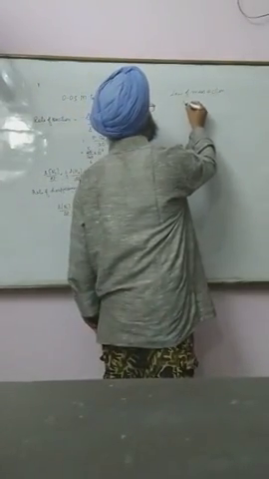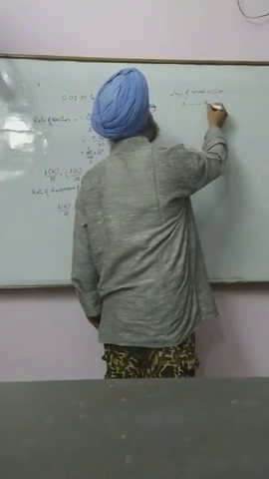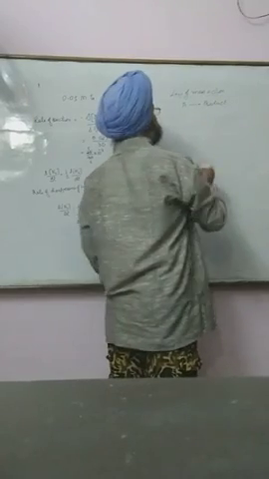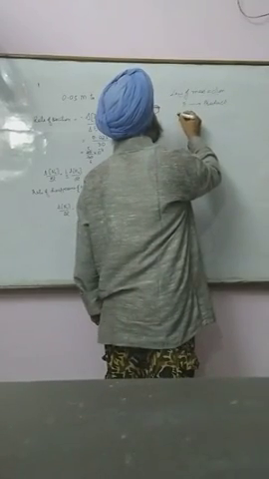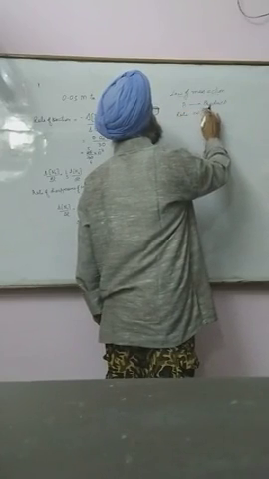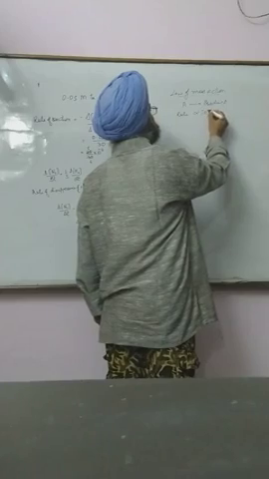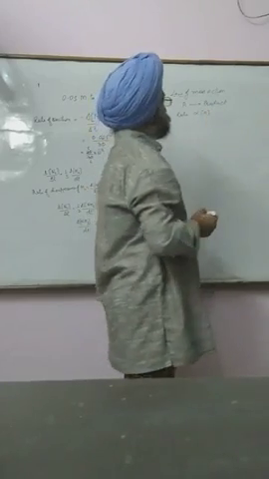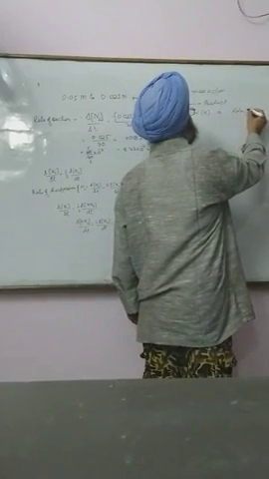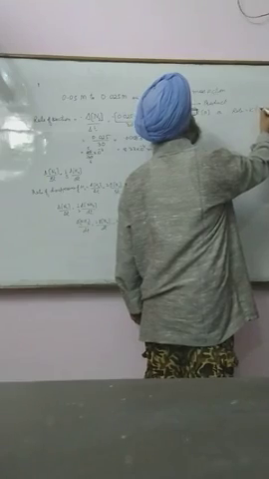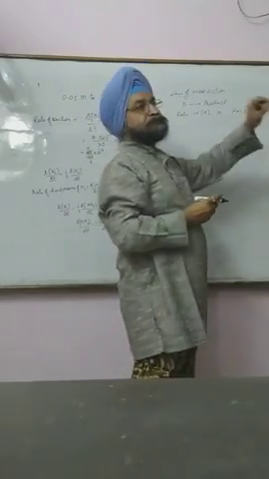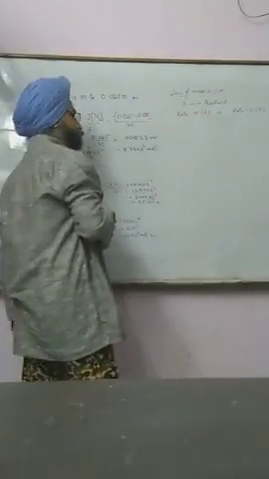Suppose A is a reactant and gives product. Then rate is directly proportional to the molar concentration of A, or rate is equal to K into [A], where K is the proportionality constant, later on we call it the rate constant.